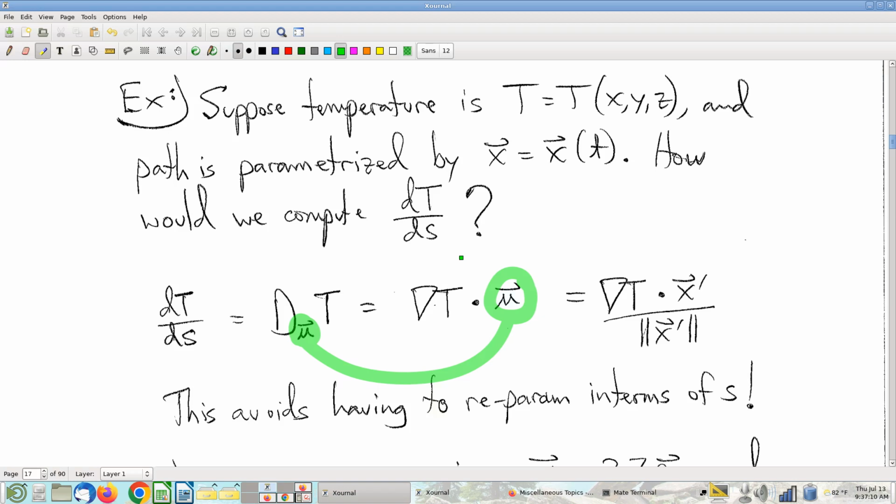Well, good news. Our path is parametrized. There's a very convenient tangent vector that I can write down immediately, knowing a parameterization, that points in the direction I'm going. It's x prime. X prime is tangent to the curve. That's not a unit vector necessarily, but it's pointing in the correct direction.